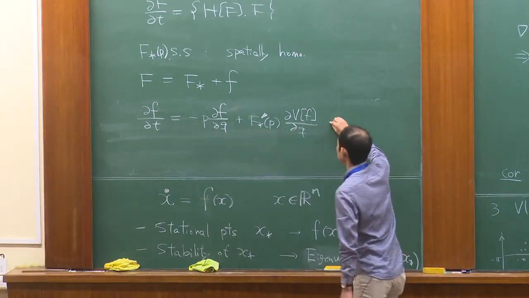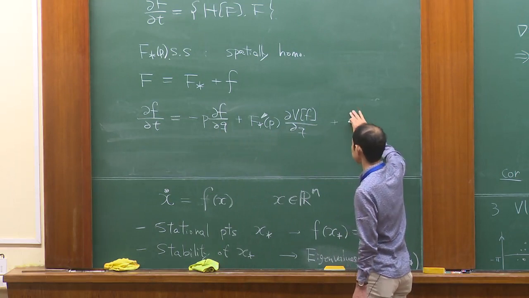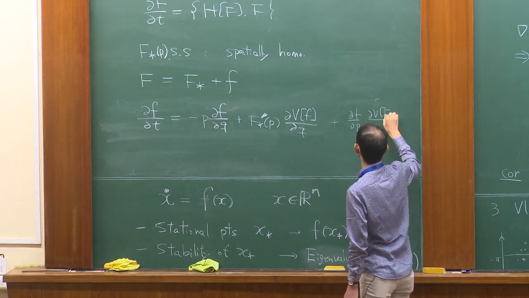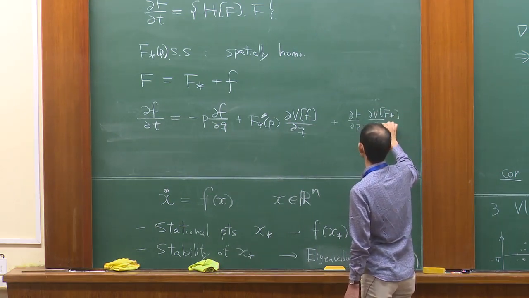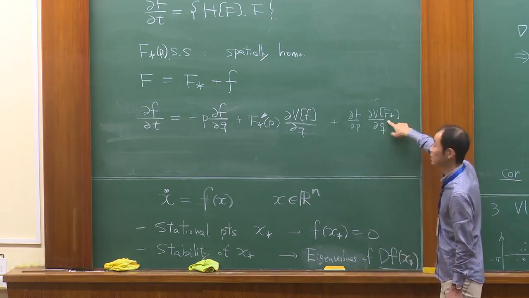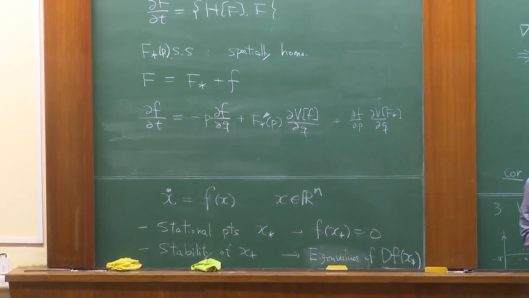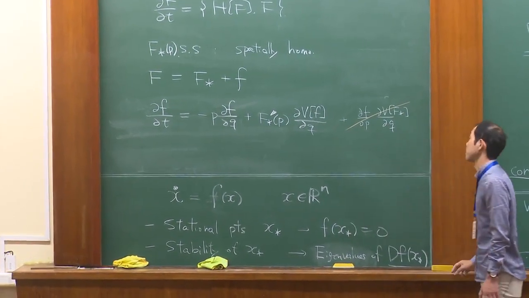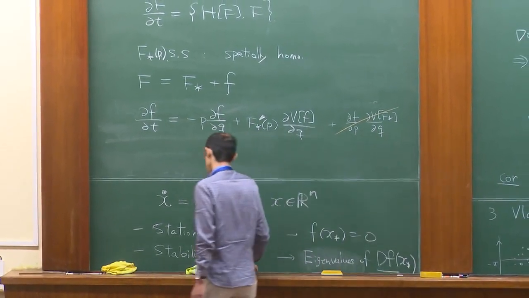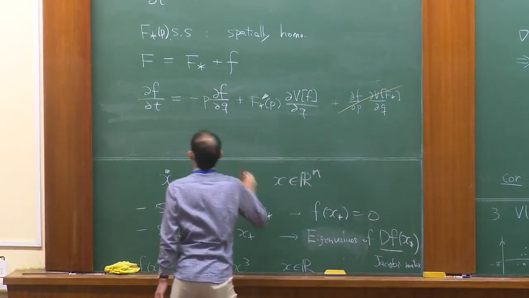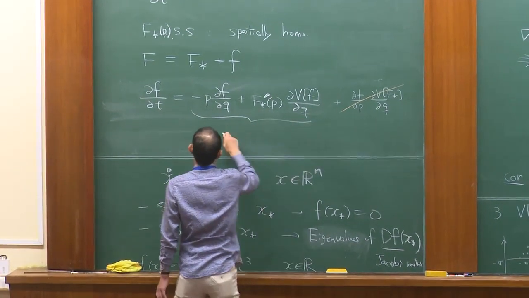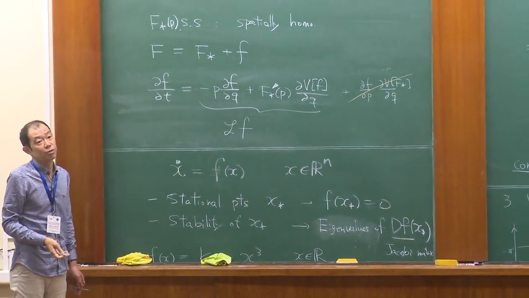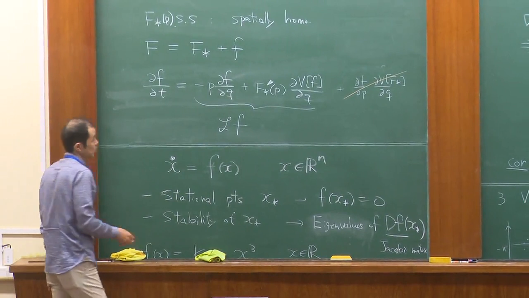In general we have an extra term, but again this one is 0, as we computed previously, so we can neglect this term. Then I write this part using a linear operator on the functional space.